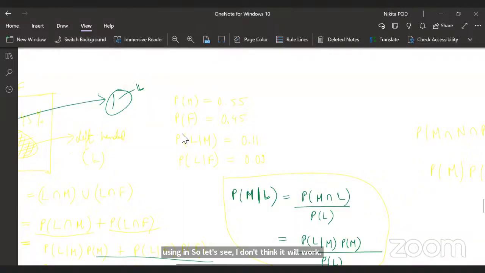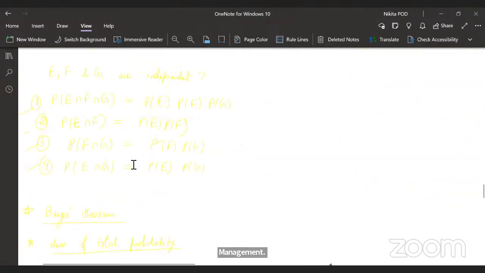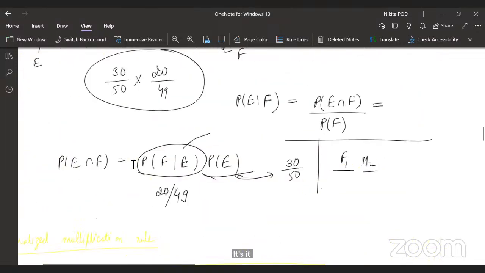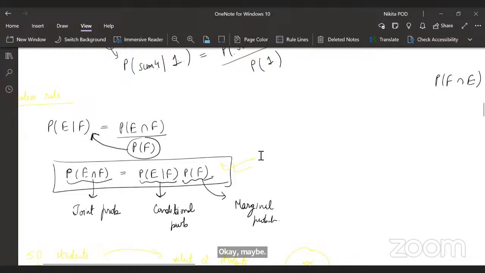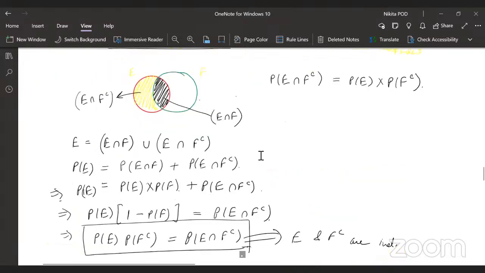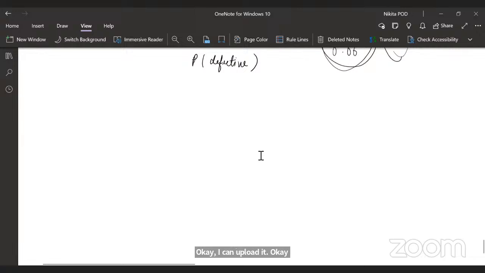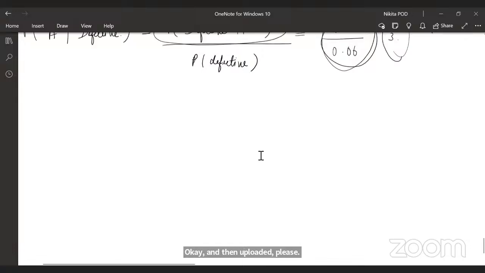If I switch background, I think you won't be able to see it properly. Ma'am, if possible, then upload PDF. But will you be able to see this yellow color? It is visible. Okay, If possible, then please. see, I will not be able to change the colors now, right? So, Ma'am, if yellow color is visible, don't worry, it will be okay for me. okay, I can upload it if. Okay, ma'am, then upload it, please. Okay. I will Okay, make thank you. sure that I write in the white background.